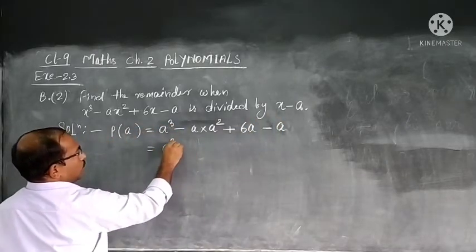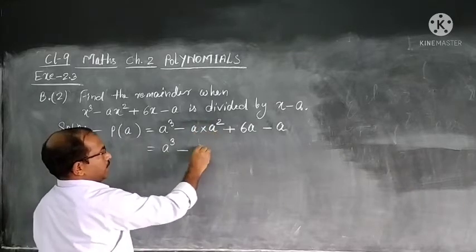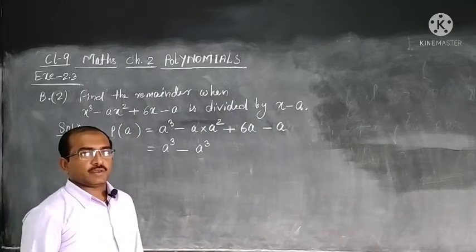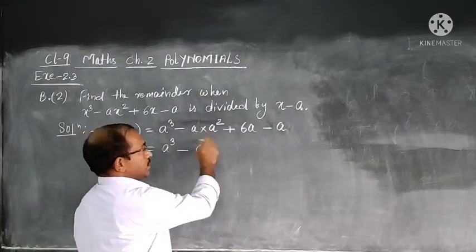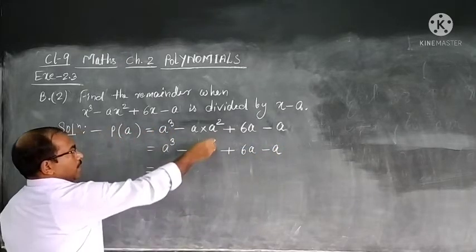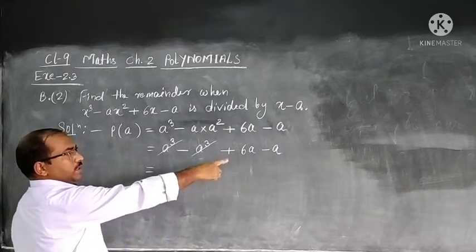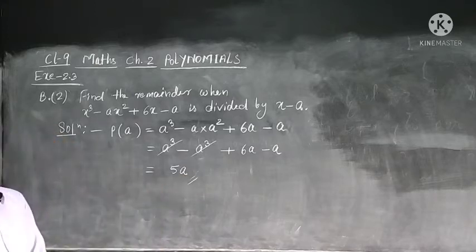We get a cube, a 1, a square, so a 3. When bases are equal, the powers are added, remember. In exponents and radicals you have studied this. Plus 6a minus a. Minus a cube plus a cube is gone, it will become 0. We find there 6a minus a, that is 5a. So, by remainder theorem, the remainder is 5a.